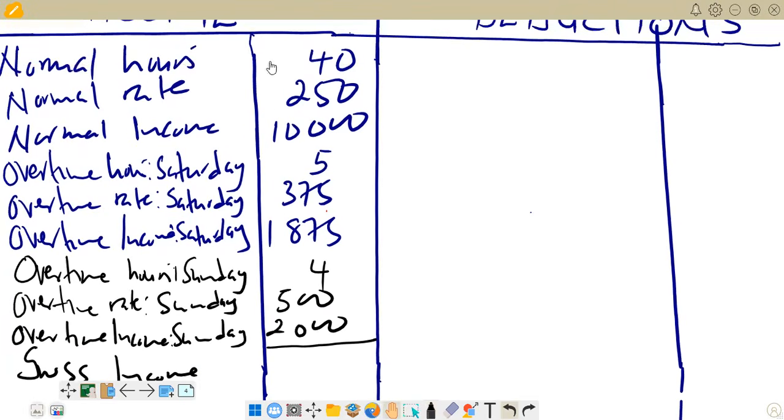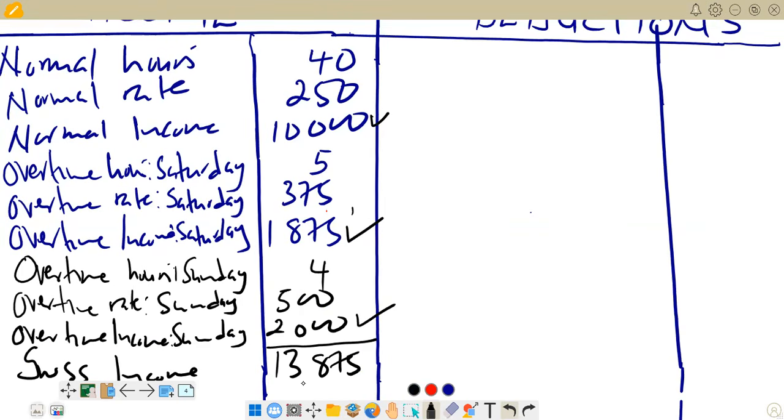We are adding normal income, then overtime income on Saturday, which is this one, and then overtime income on Sunday, which is this one. So basically we are saying 10,000 plus 1,875 plus 2,000. Then we get the gross income, which is 13,875. So this is our gross.